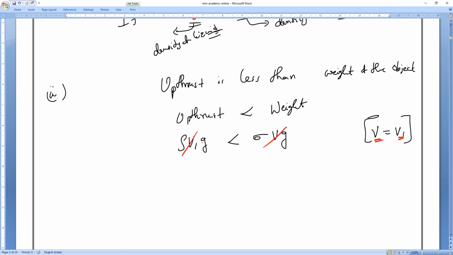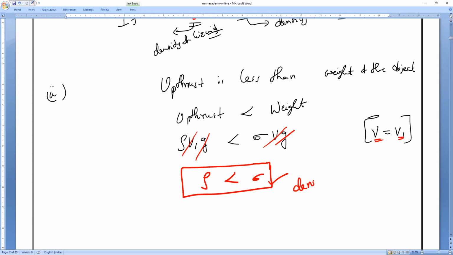So V and V1 will get cancelled, g will get cancelled. So is the density of the liquid less than the object or more than the object? Density of the solid is greater than the density of the liquid. Is it okay, everybody?